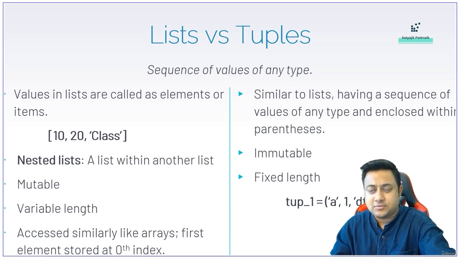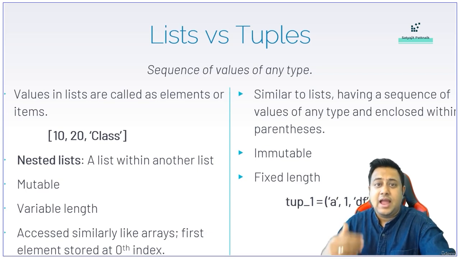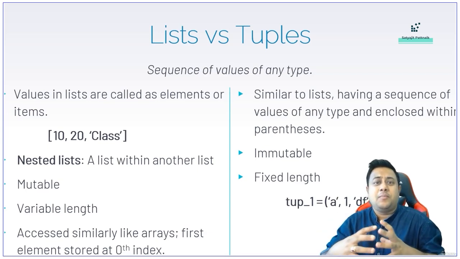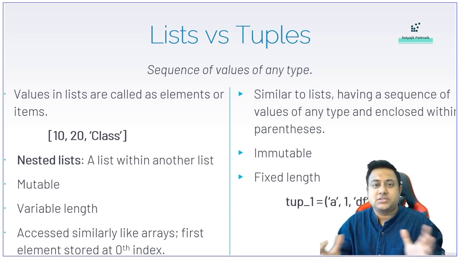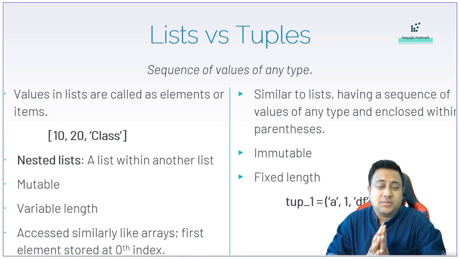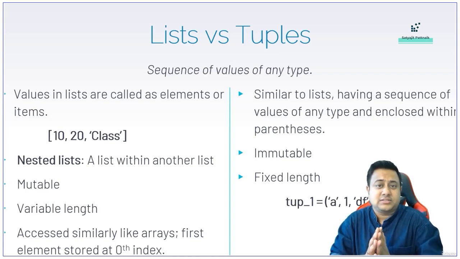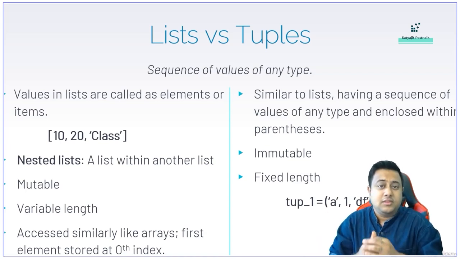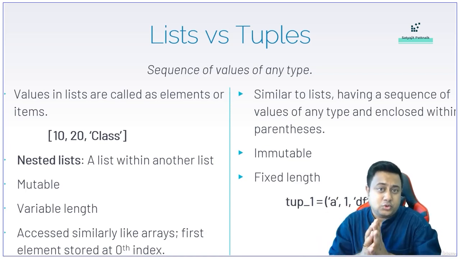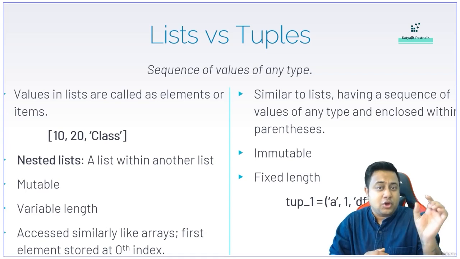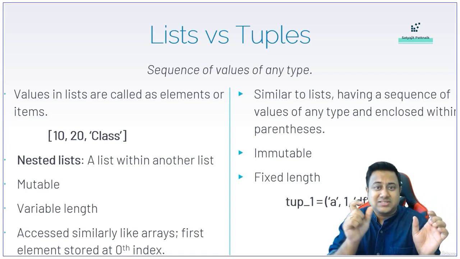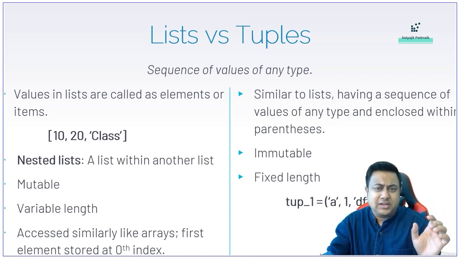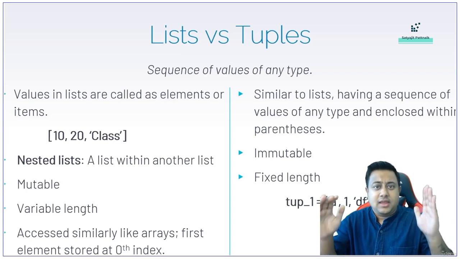What are lists? Values in lists are called elements or items, and you can have a list of multiple data types, which means, let's say, somebody or your manager asks you to store all the customer information. The best possible way to store all the information, your name, your age, your salary, your expenditure, whatever it is, is in a list.